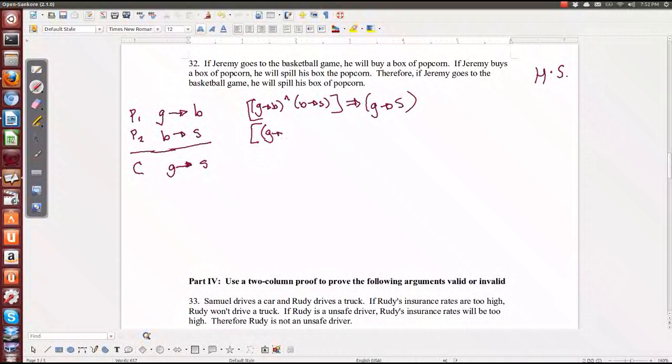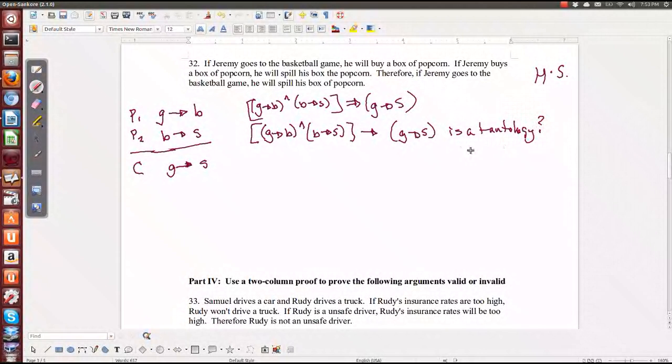So I've got my G conditional B conjunction B conditional S. That is my antecedent. I want to change this to a conjunction with G conditional S. And I want to say this is a tautology.